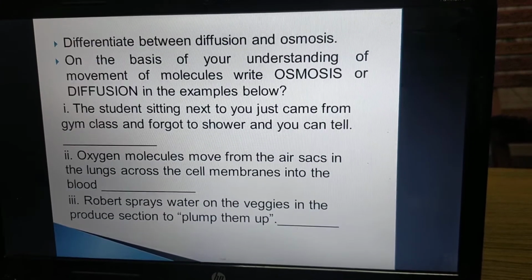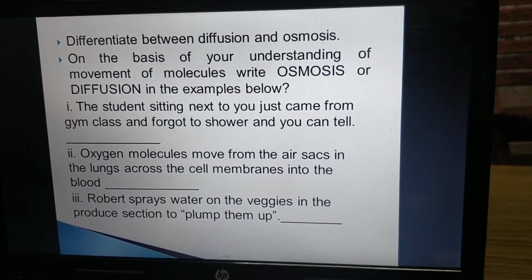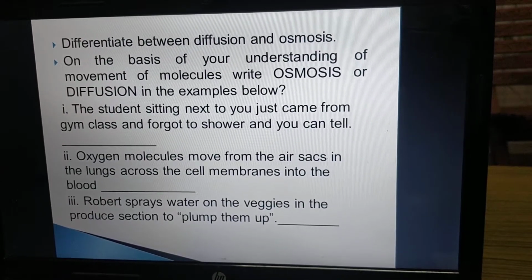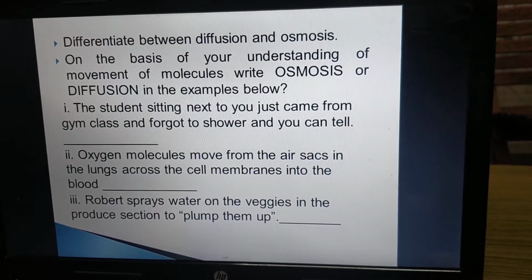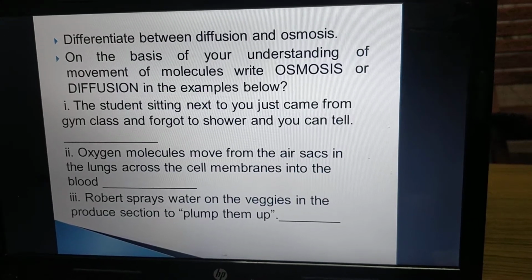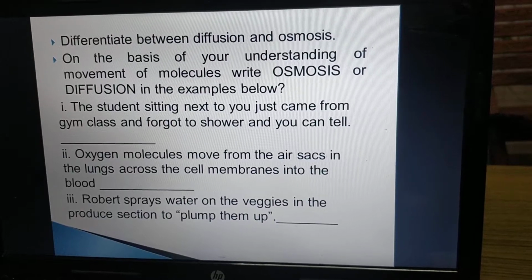Then another: oxygen molecules move from the air sacs in the lungs across the cell membrane into the blood. ऑक्सीजन मॉलिक्यूल्स एयर सैक्स, लंग्स के बीच में हमारे ब्लड में जाती है, तो वो कौन सा प्रोसेस होगा? डिफ्यूजन या ऑस्मोसिस.